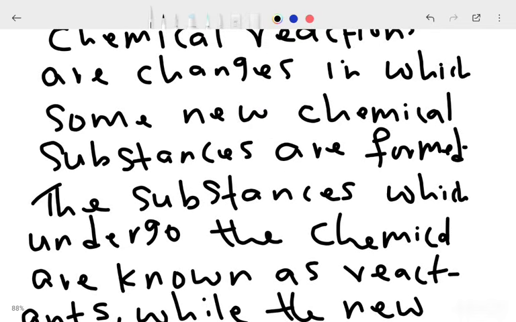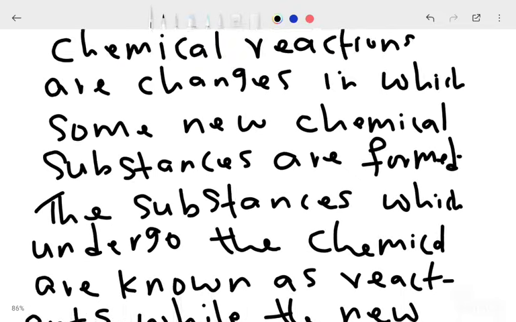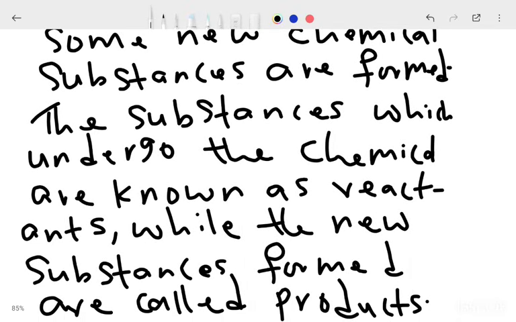If you are being asked what is the meaning of chemical reaction, chemical reactions are changes in which some new chemical substances are formed. Then the substances which undergo the chemical changes, I didn't put changes.